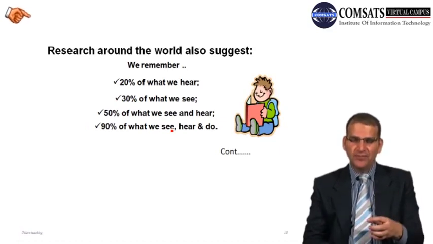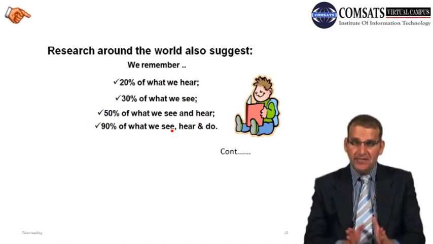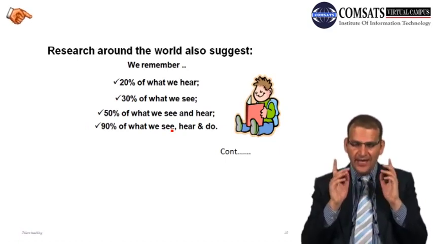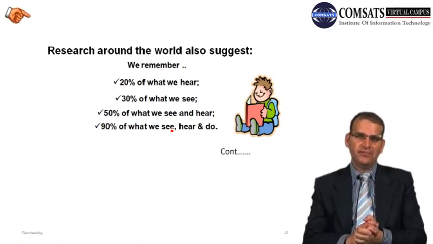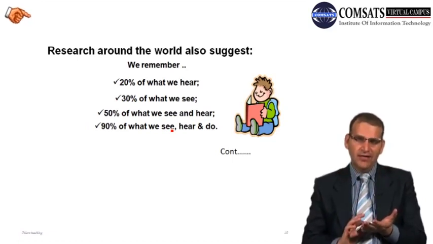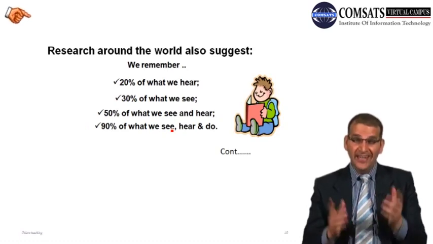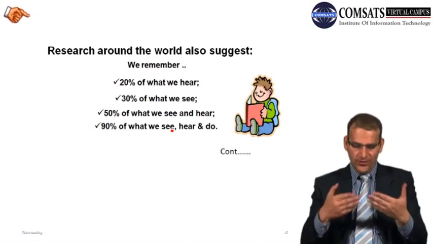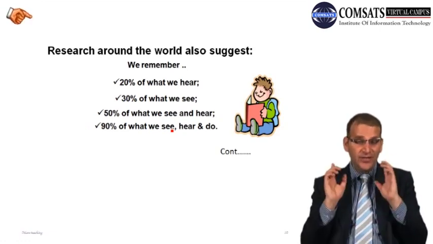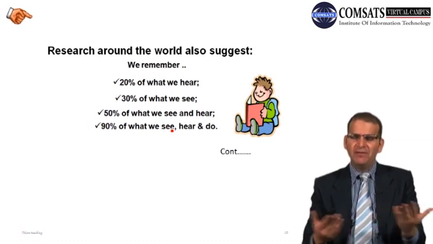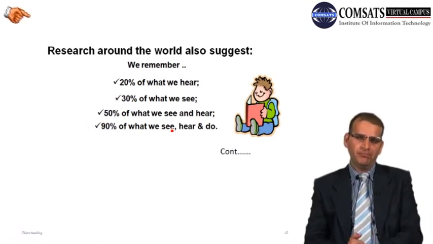It's research that says that 90% of learning takes place when you see with your eyes, when you hear with your ears, and once you do actions. Right? Seeing is believing, you know that. Fine? Then of course hearing. Once you see things, and then you hear, and finally you do. So 90%.